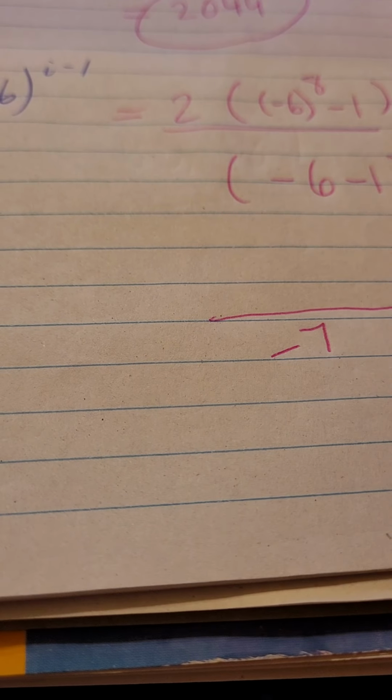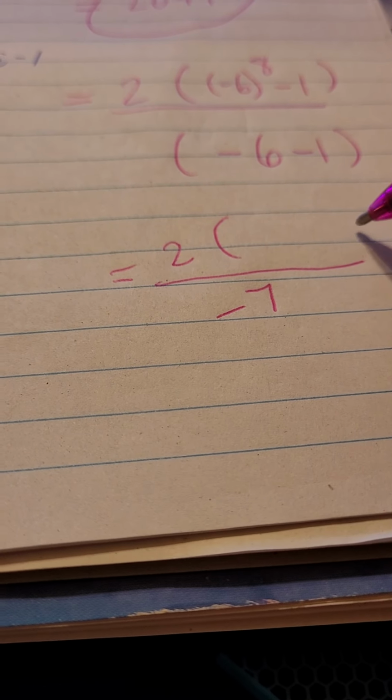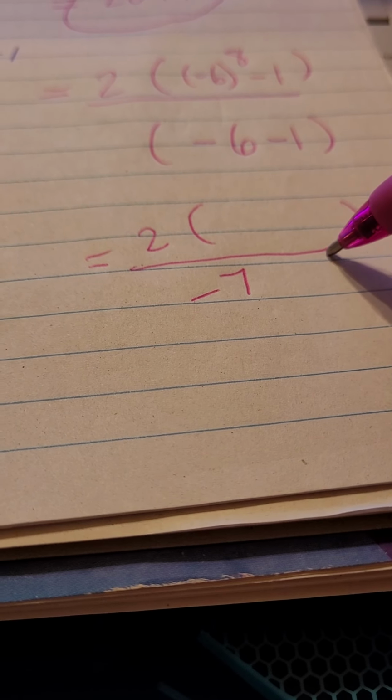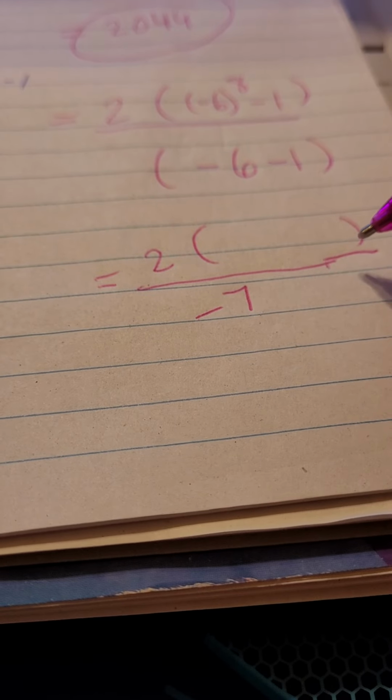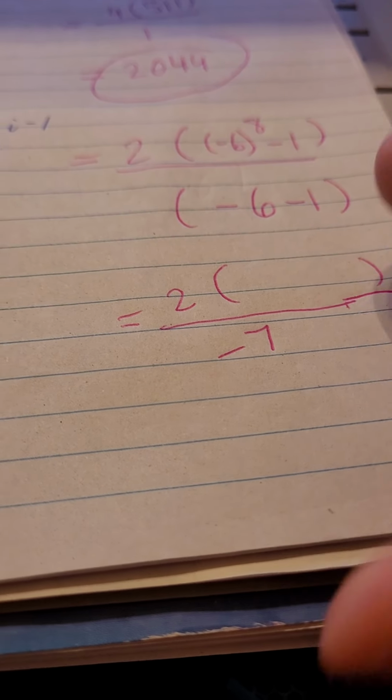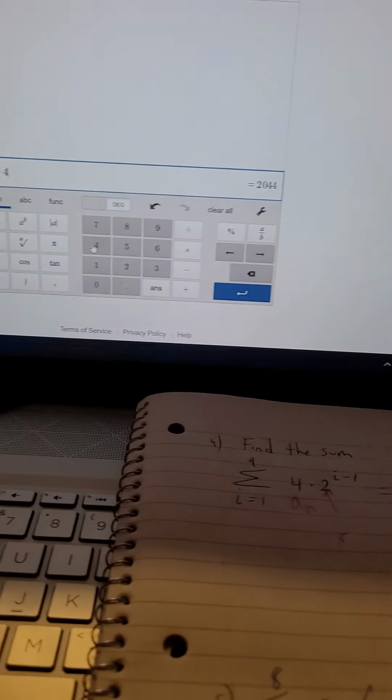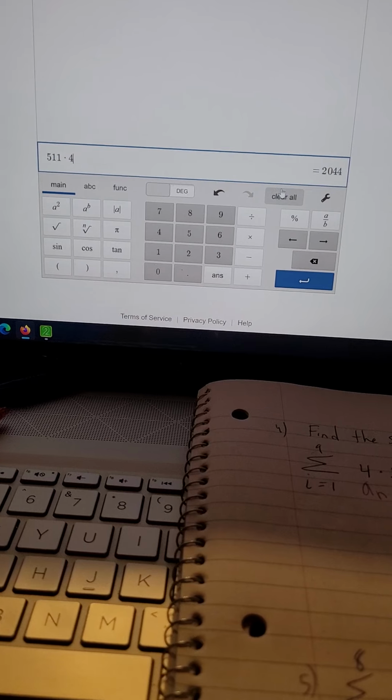If you're not comfortable with those negatives, put it into a calculator. The more practice you get, the smoother it will get, and your mind will remember how to combine those. That's something that can work off to the side in the future. Okay, -6 to the 8th power is going to be a big old number. I know off the top of my head that that's going to be a positive because of how the exponents would pair off.